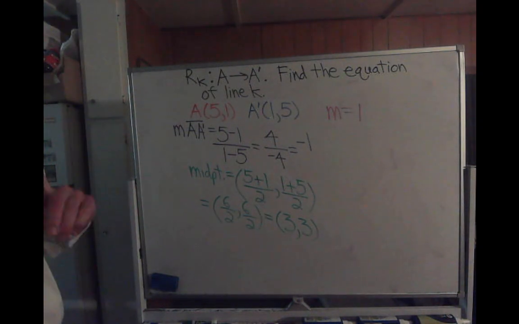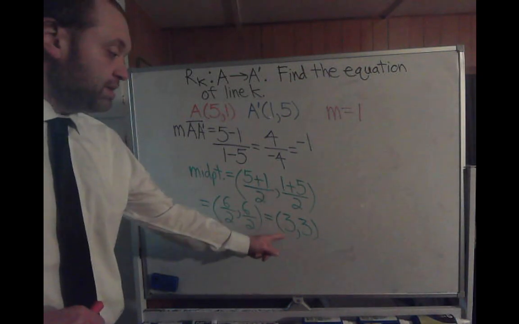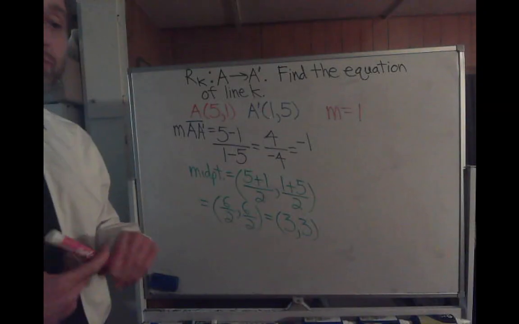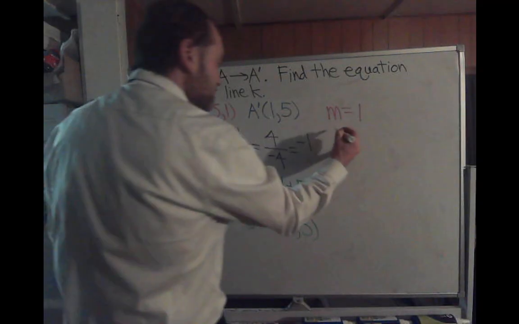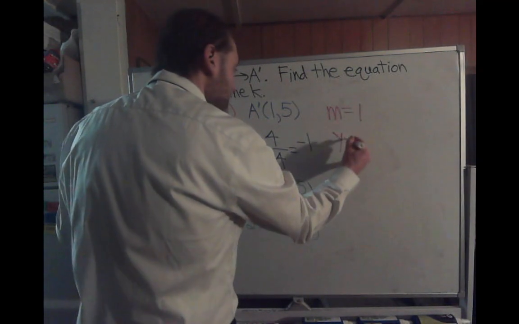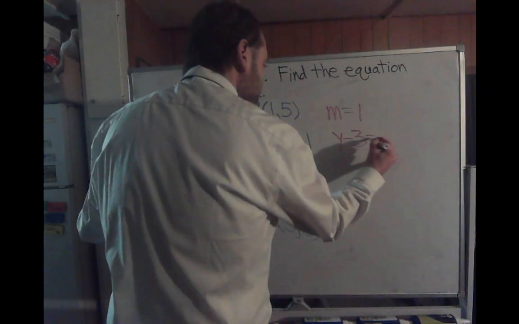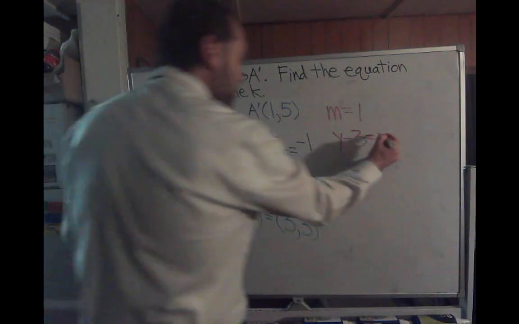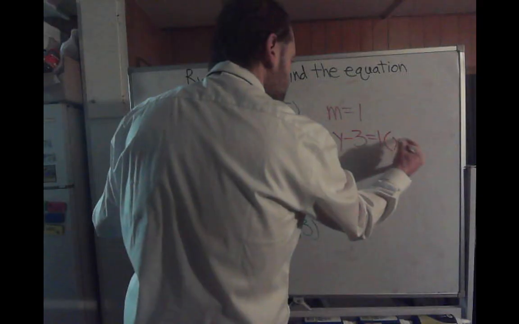Now to find the equation of the line of symmetry, you take the coordinates of the midpoint of that segment and put them into point-slope form. So take y minus your y1 of 3 equals your slope of 1 times x minus the x coordinate of 3.